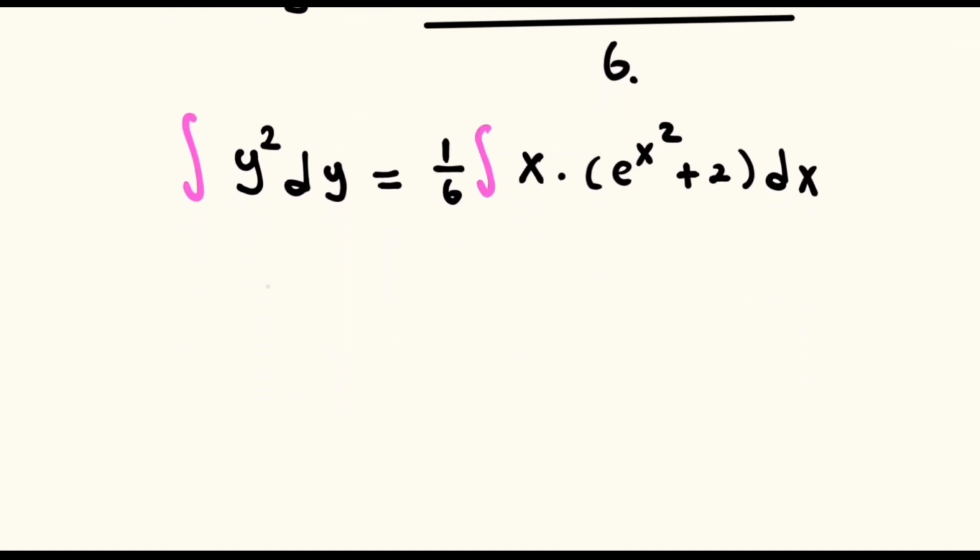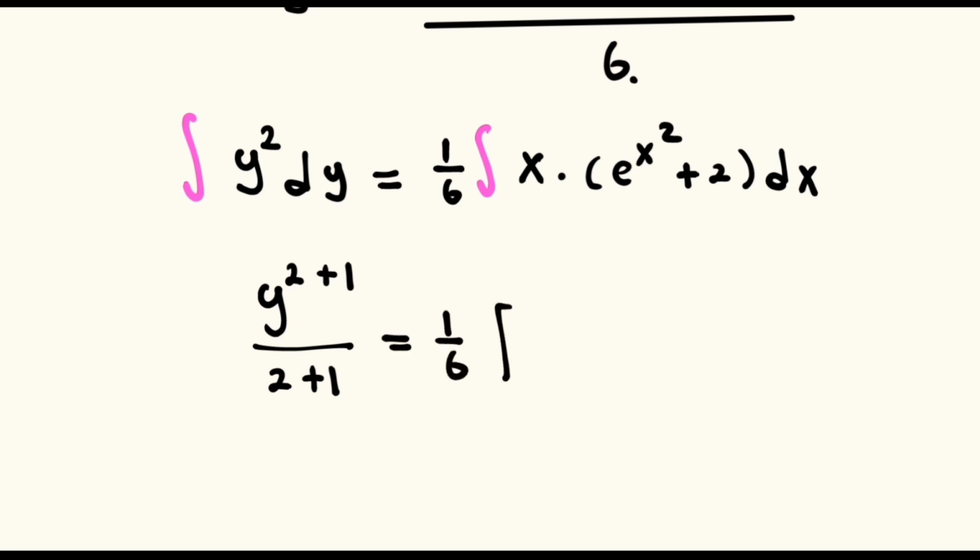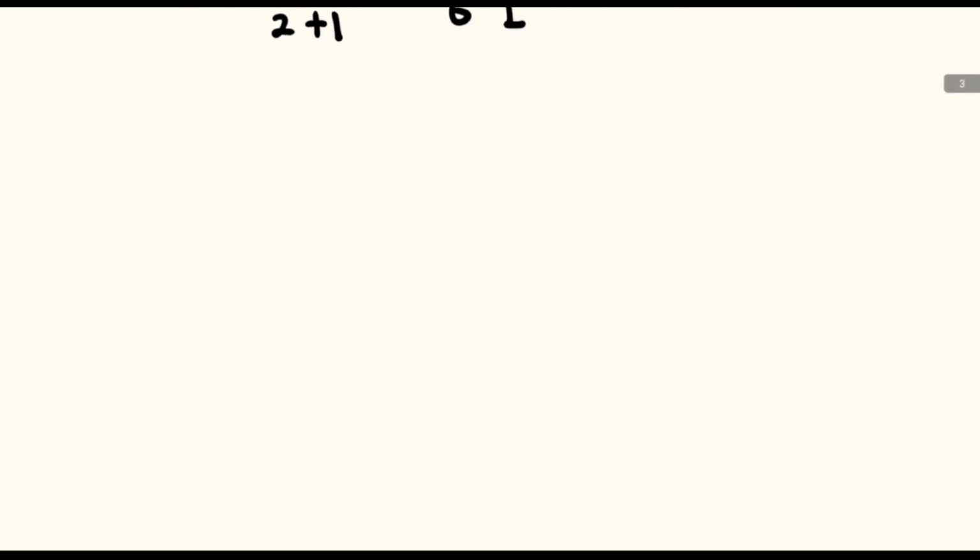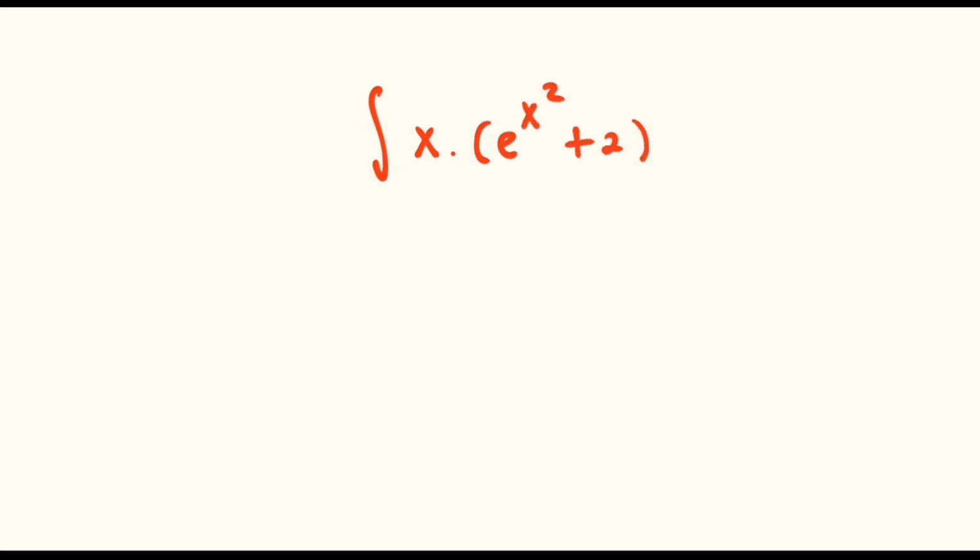The integral of the y squared will be equal to y to the power 2 plus 1 divided by 2 plus 1, and we have 1 over 6 multiplied by the integral of x multiplied by e raised to the power x squared plus 2 dx.